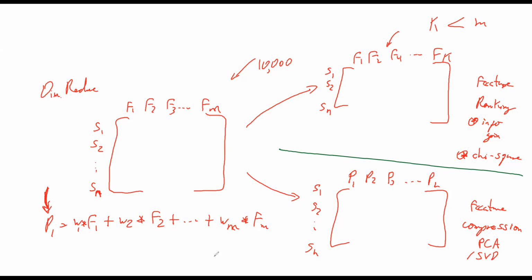But at the end of the day, intuitively, we can produce all the way to PM. So we can create the same number of features. We have F1 to FM, and we can create the same number P1 to PM. However, there's an additional component: these new features that you've created are ranked.